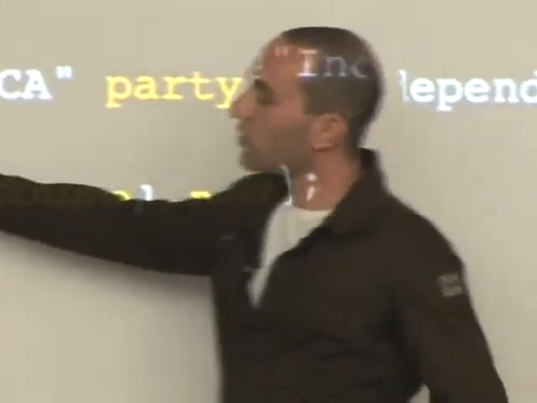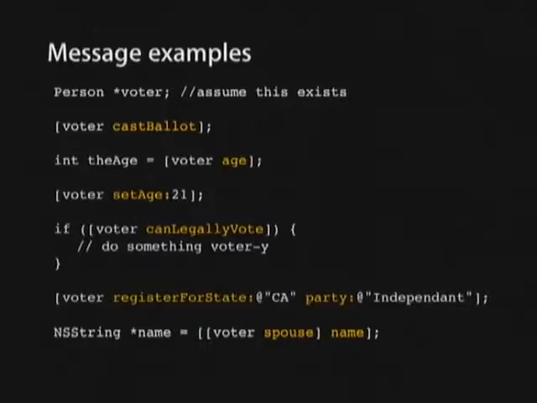So, what does the heading for one of those implementations look like for register for state? That's a good question. The question is, what does the header look like that represents these objects? I believe I have some a little bit later, but to cover that, in this case we're calling a method on an instance. So it starts with the minus, right? Then we're followed by regular brackets that identify the type that gets returned. In this case, it would be void.